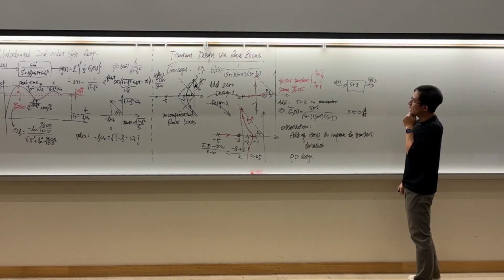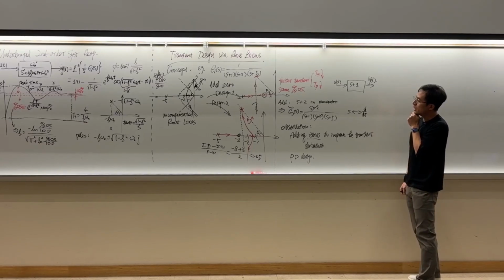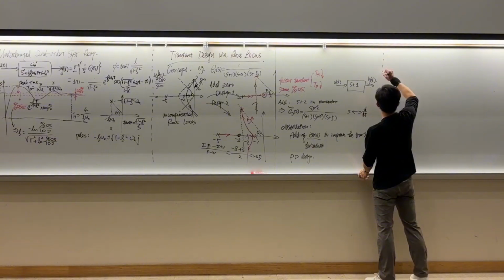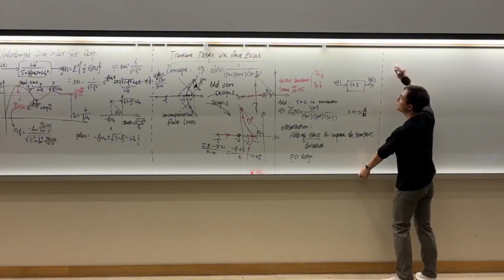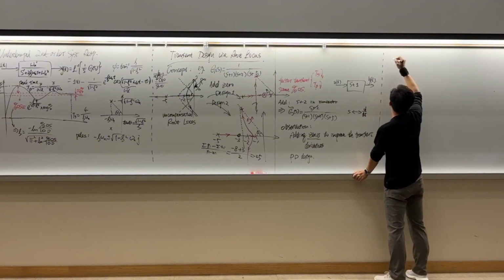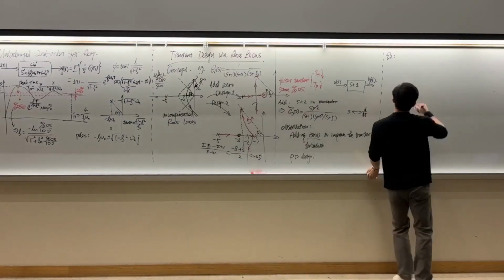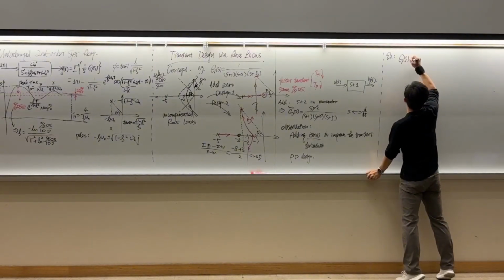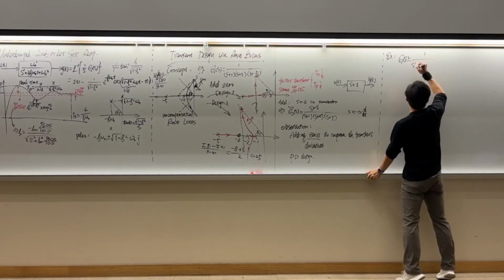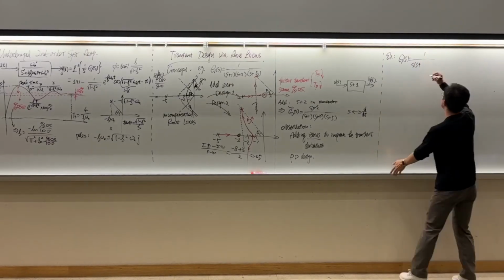Now let's dive into a specific example. This time I'm going to give you even more requirements. Let's work on an exercise. I have G of s as 1 over s times s plus 4 times s plus 6.